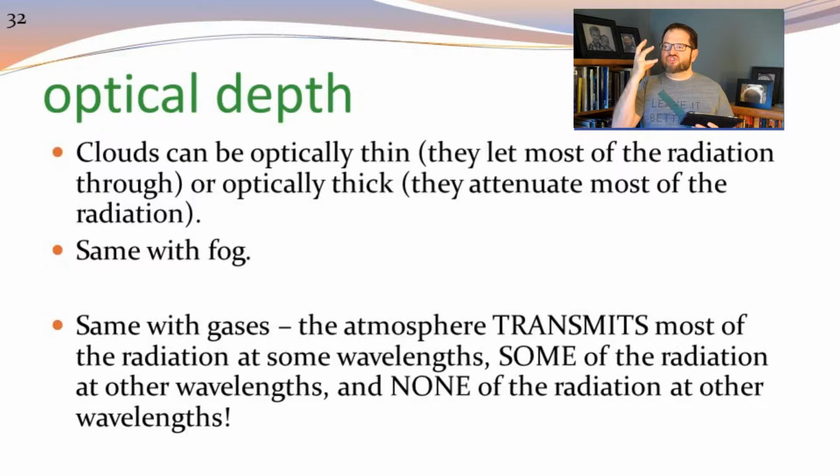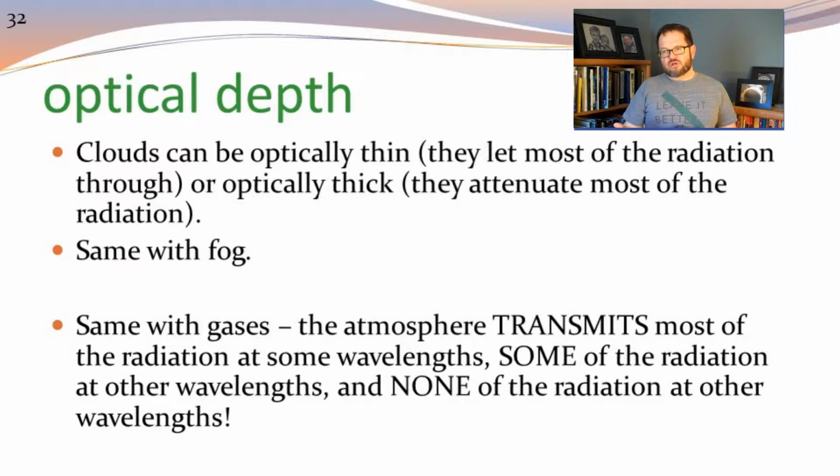This trick of describing features as being optically thick or optically thin is everywhere in atmospheric physics. The atmospheric physics community loves to describe, for example, clouds in terms of being optically thin, meaning that they let most radiation through, or optically thick, like they absorb most of the radiation and let very little transmit through.